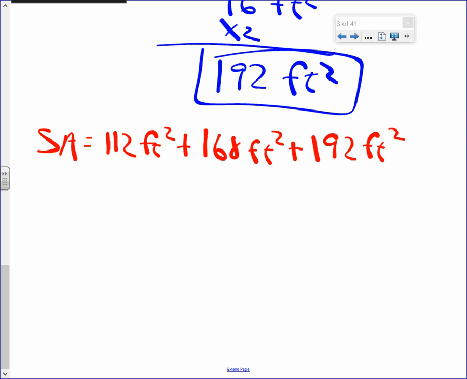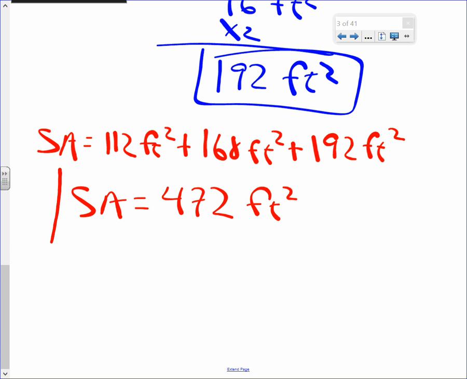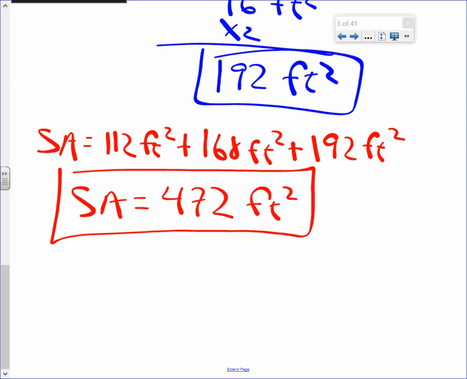So we got 112 plus 168 plus 192. We got a whopping surface area of 472 chickens, horses, and termites. Questions?